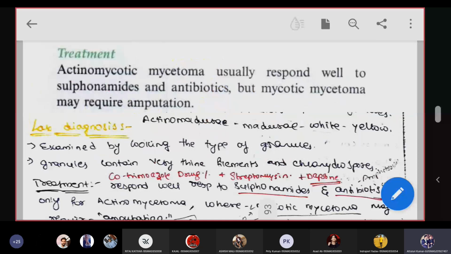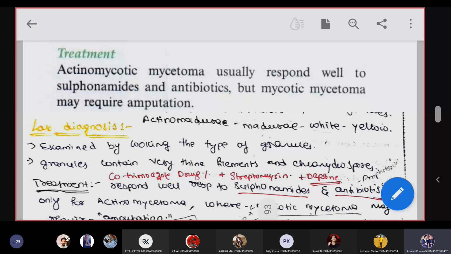Usually the only treatment for mycetoma infection will be removing or cutting the foot. So it seems there is no proper treatment for mycetoma. You need to go for amputation because it won't respond to antifungal agents easily.